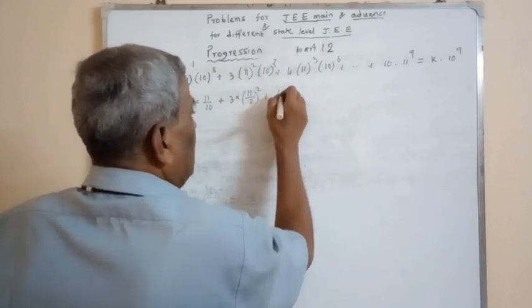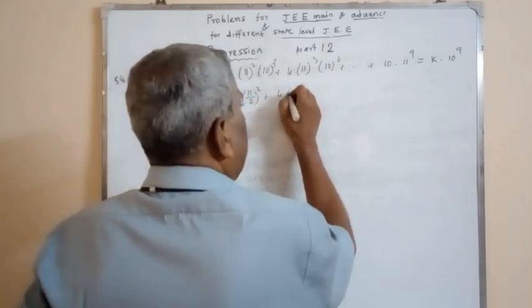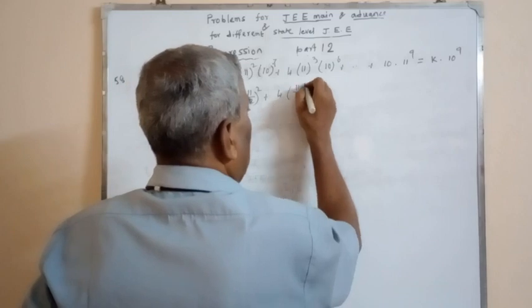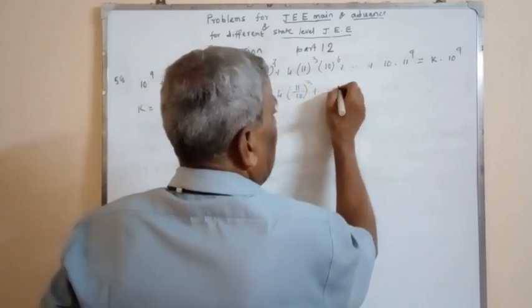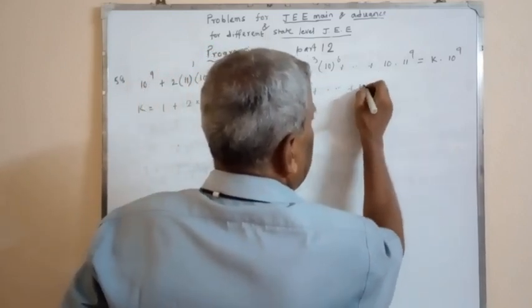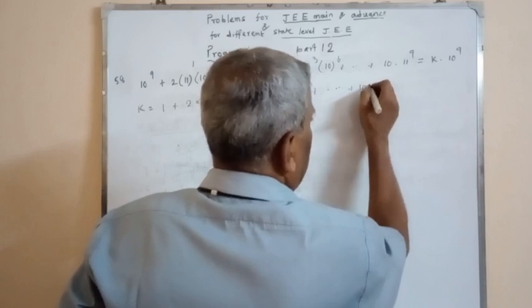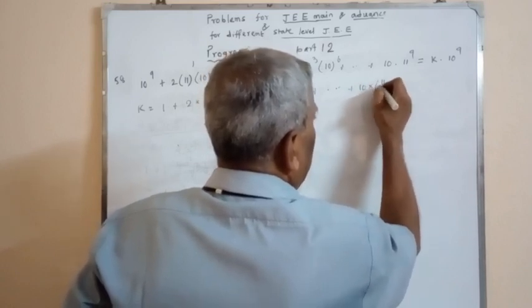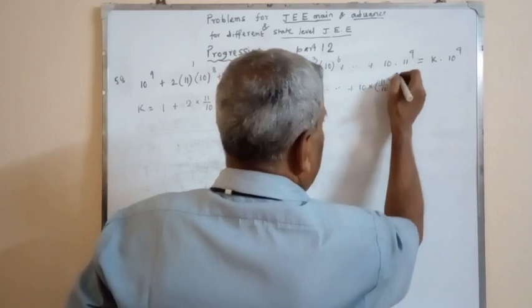Next term is 4 into 11 by 10 whole cube and up to 10 into 11 by 10 to the power 9.